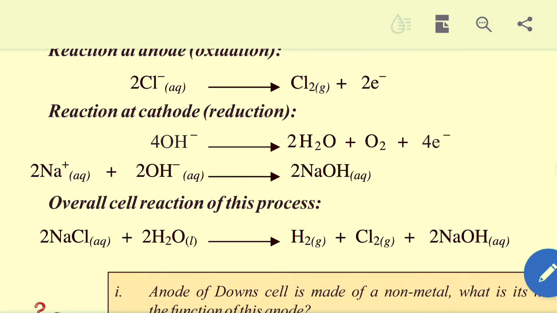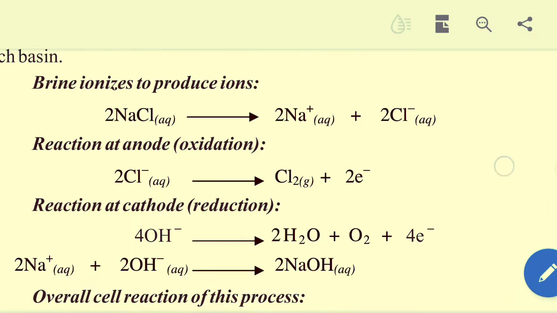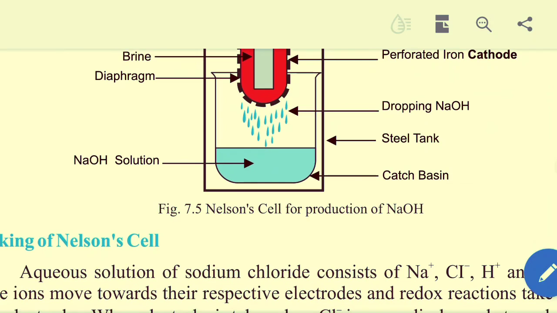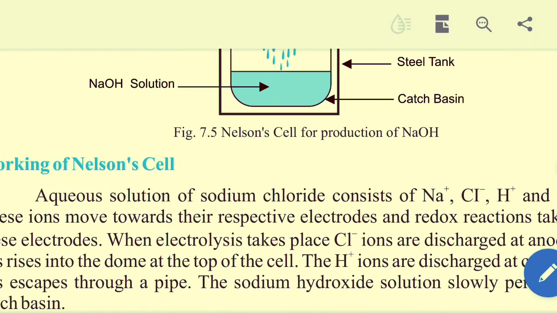So the overall reaction is 2 sodium chloride and 2 water molecules combining, hydrogen and chlorine gases are released, and the sodium and hydroxide ions are collected in the catch basin in the steel tank.